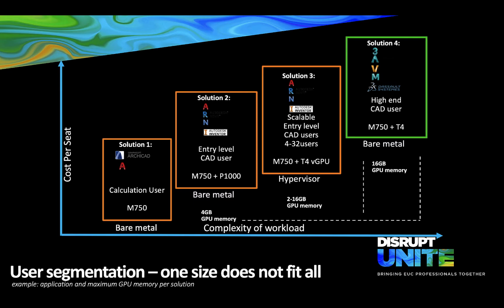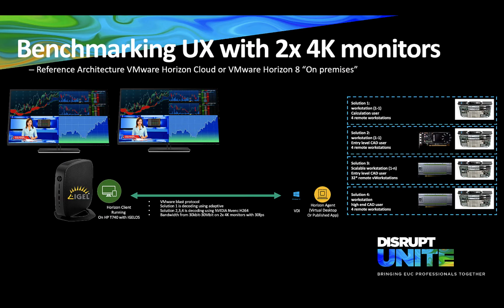Now, these applications could maybe also run in solution 3, but there are some applications that require really, really large frame buffers. And if you want that dedicated experience, then you give one user access to that. Now, if you want to save money, then you virtualize it with solution 3, and then you have a couple of users running on it, and the further you go down with the other ones. So this is an example of how you can map your GPU profile to the workload.